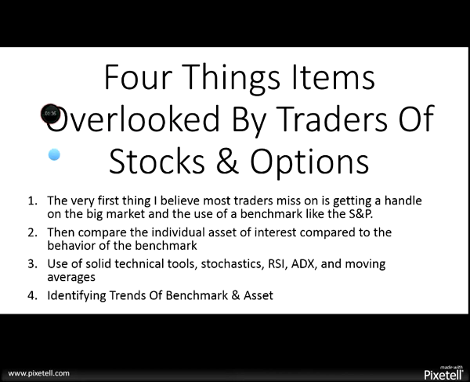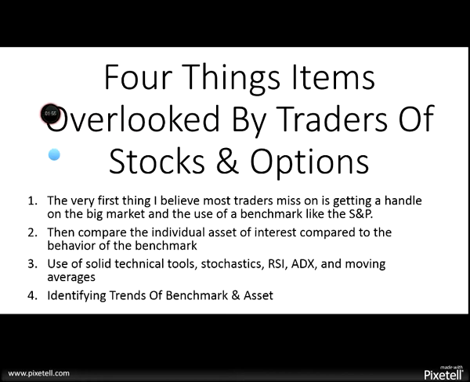The next thing we want to do is use solid technical tools. I recommend stochastics, relative strength index, the RSI, and ADX, which indicates the strength or lack of strength of a trend. It doesn't indicate direction of a trend, only the strength of that trend.